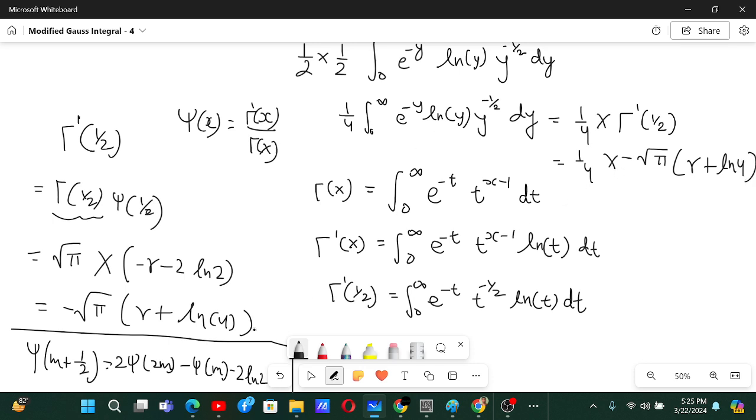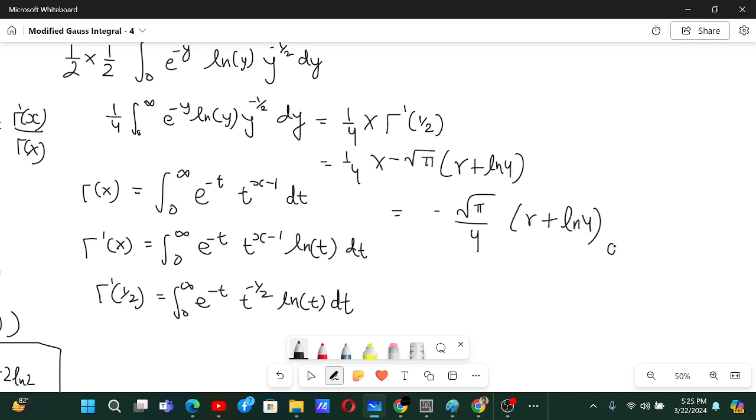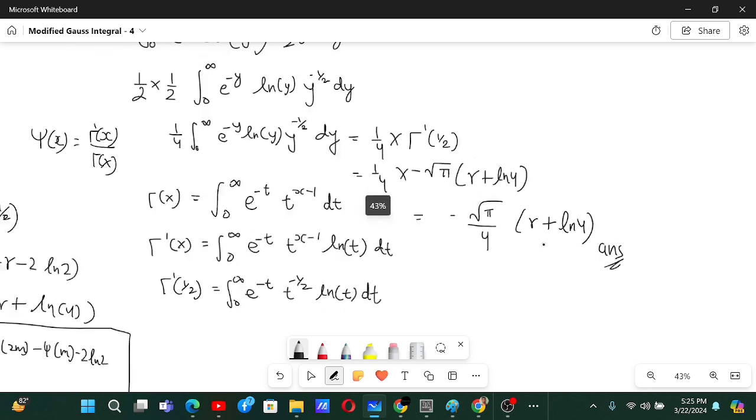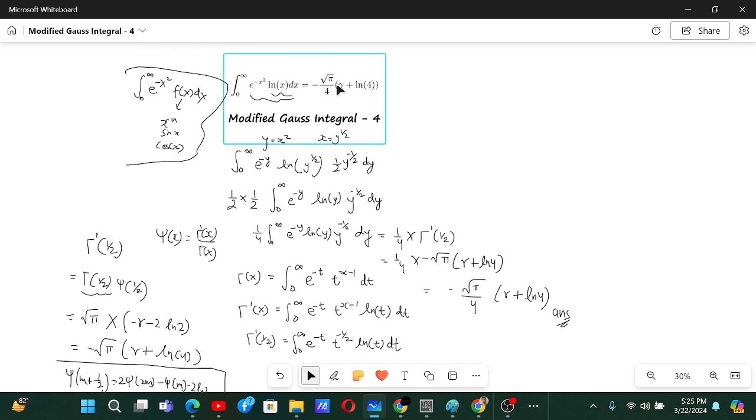The answer for this now comes to be minus root pi by 4 times the Euler-Mascheroni constant plus ln of 4, and that's the answer. That matches, and it's solved.